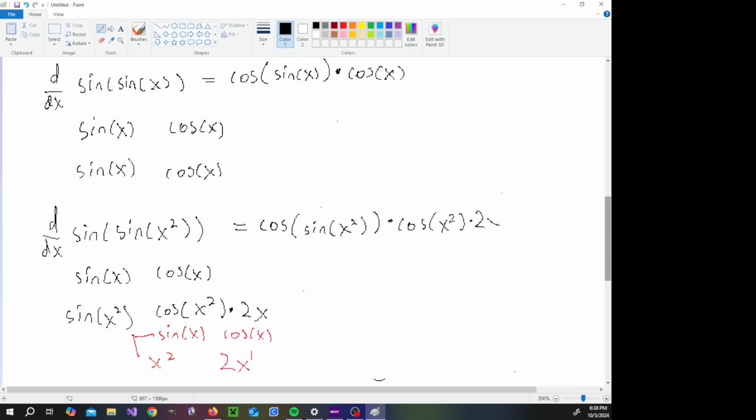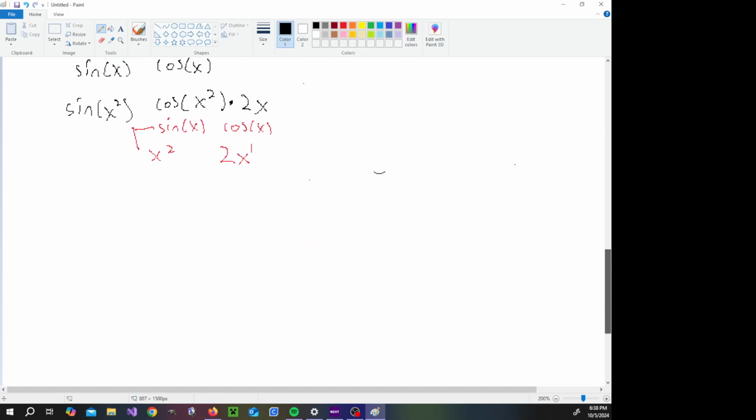Another example, I'll do one more. Let's do the square root of tangent of x. Now the outside function that we keep, the rule calls it g of x, is the square root of x, which again, like we did for the power rule before, we like to write as to the 1/2 power.